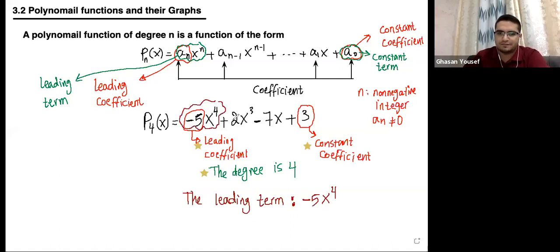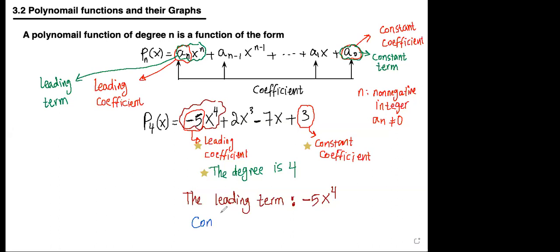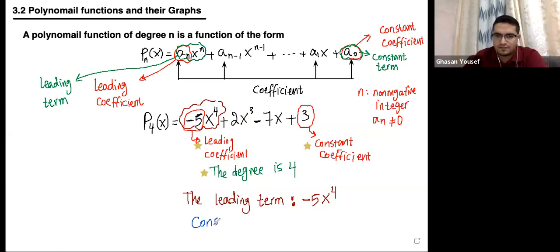What is the constant term? 3. Exactly, only 3. The constant term is 3. Yeah, this is what you should know.